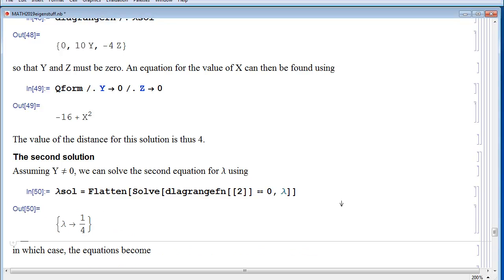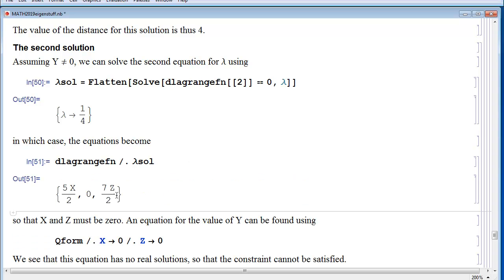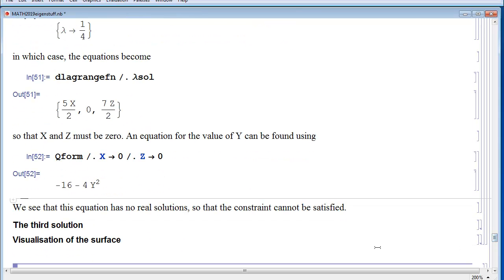So we do that, and we find lambda equals 1/4 for this case, and in which case if we put that back into the derivatives of the Lagrange function, we can see that they're this and this, and of course the solutions are that x equals 0 and z equals 0. And then we can get an equation for y using this, and find that this thing is always negative, so there are no solutions that come out of this case.